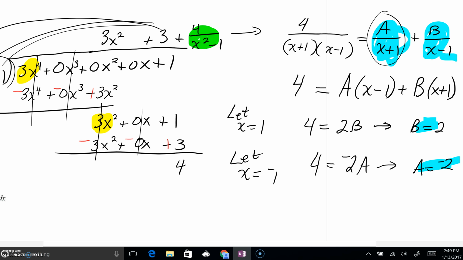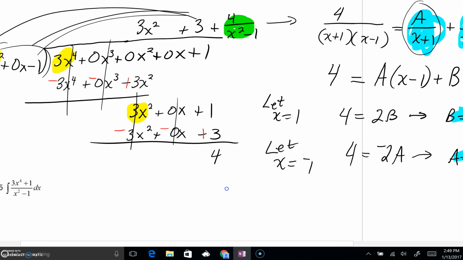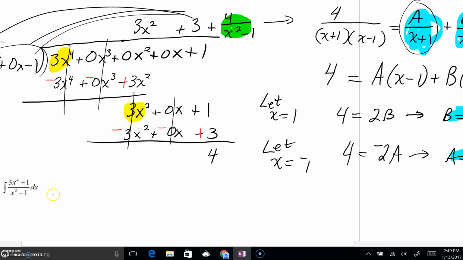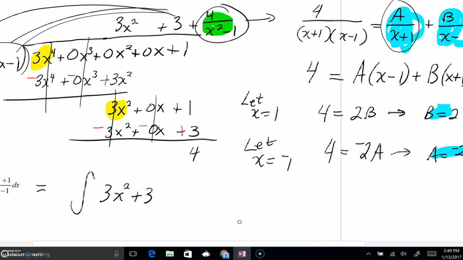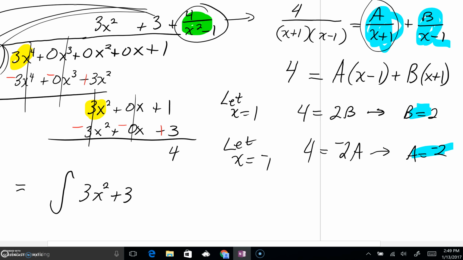The original integral now, and I'm just recopying example 5. It's going to be 3x squared plus 3. That's what our long division showed us. But that fraction up here in green is really A over x plus 1.